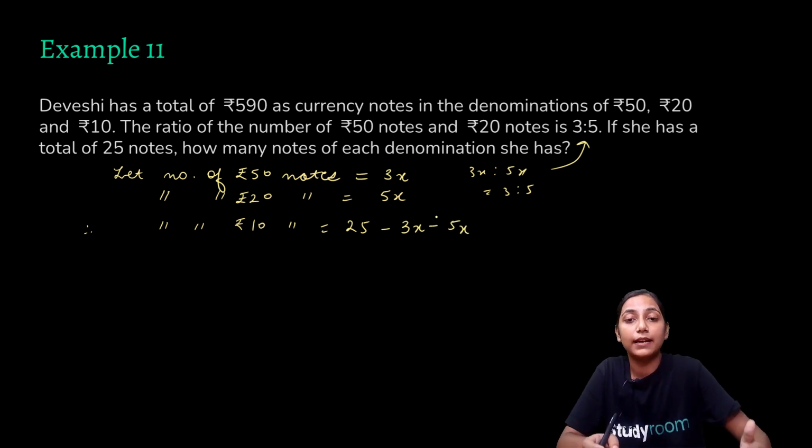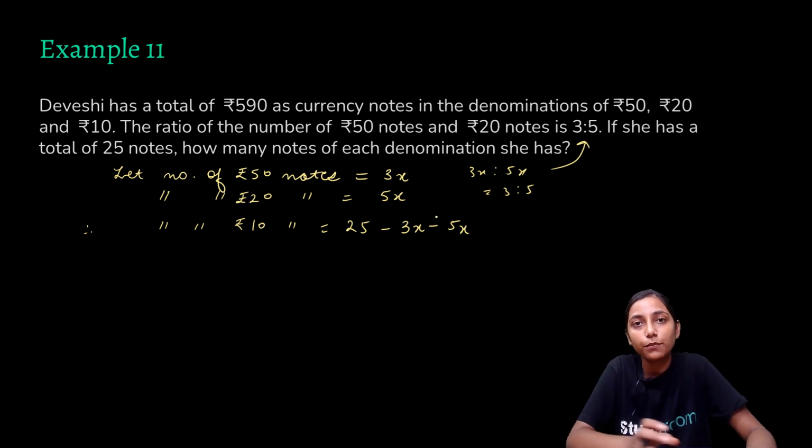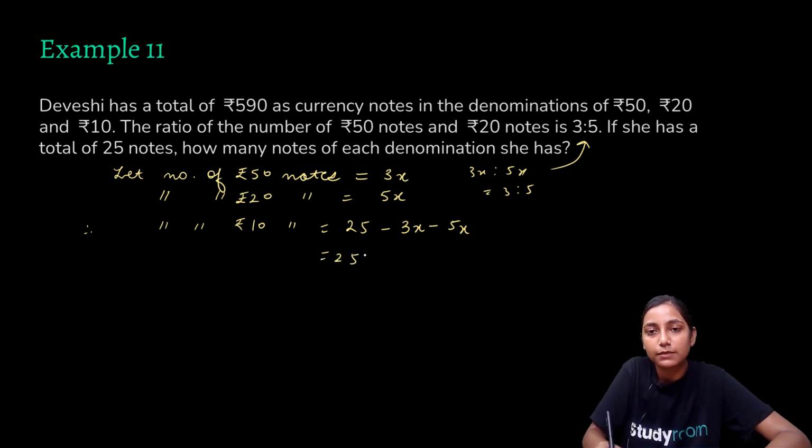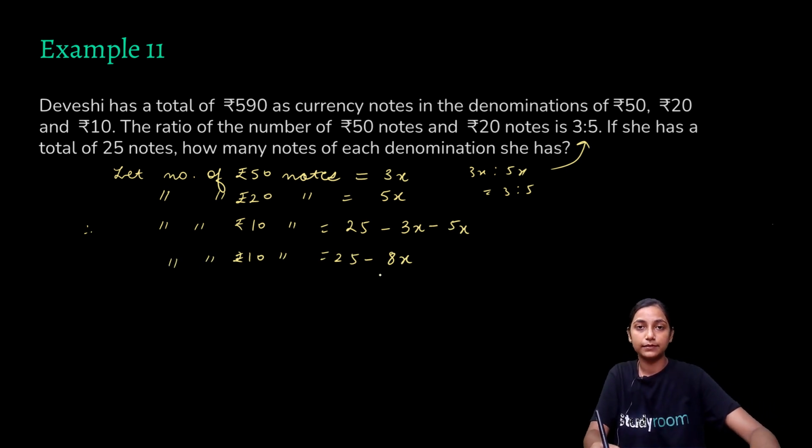If we subtract the number of 50 rupees notes and the number of 20 rupees notes from the total number of notes, we will get the number of 10 rupees notes. So 5x and 3x make 8x. So the number of 10 rupees notes is 25 minus 8x.